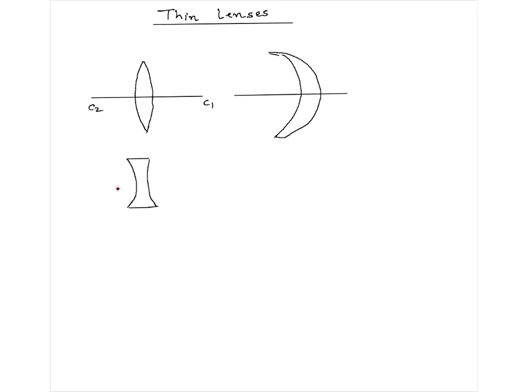Second focal length means distance from optical center to that point. In this drawing, it would be something like this. Then what about the first focal length? Imagine some object placed here and then rays becoming parallel.